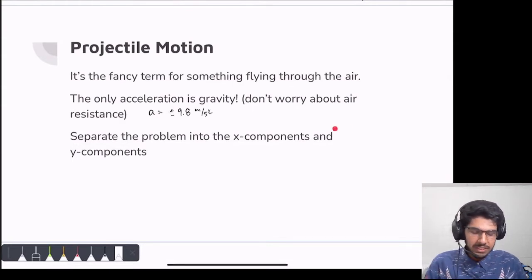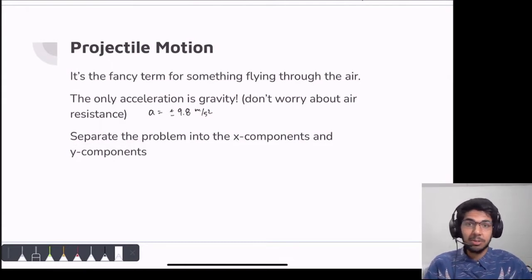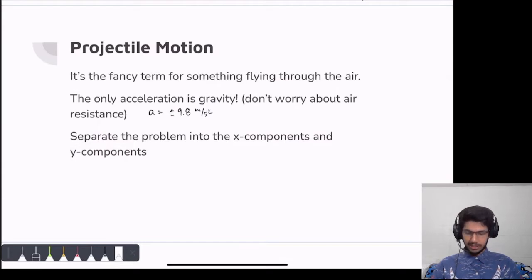If we have something flying through the air, it has a velocity, which is a vector, and if the vector has both an x component and y component, it might be difficult to see how those components are changing with time. So separating them into the x parts and the y parts can be really helpful. Alright, cool. Let's move onwards.